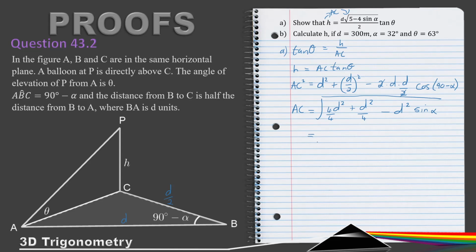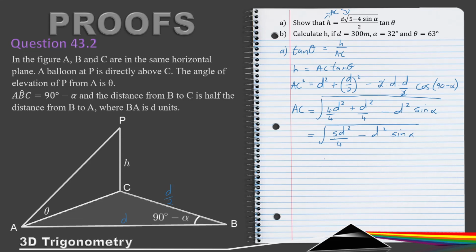I hope you remember that from primary. So that is then 5D squared over 4 minus D squared sine of alpha. I obviously can't add this term because of the sine alpha, which makes these two terms not the same type of terms.